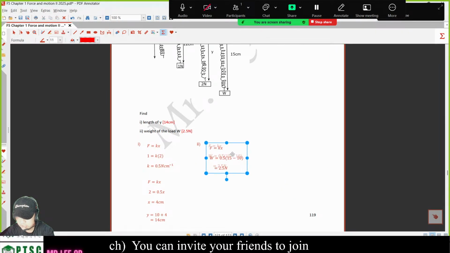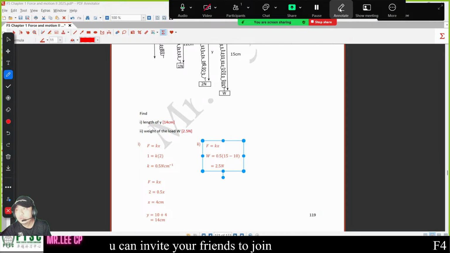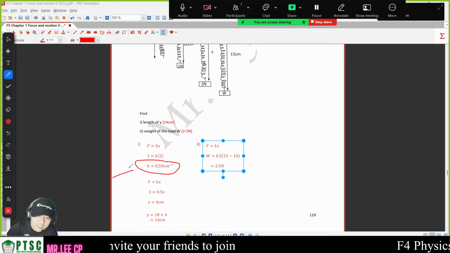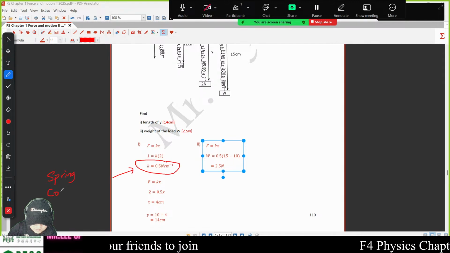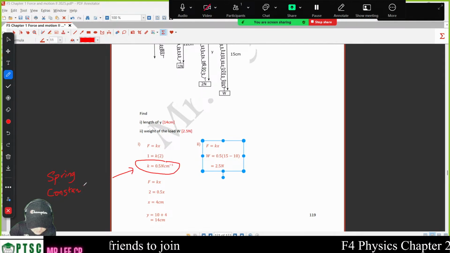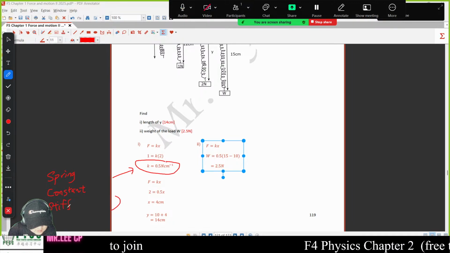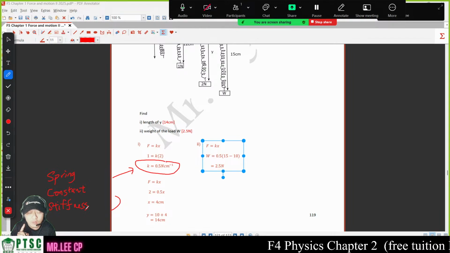Okay. Now, of course, some of you will ask me, teacher, I still don't really get what is K. K is the spring constant. Another word, it is called the stiffness of the spring. Now, what does that mean?